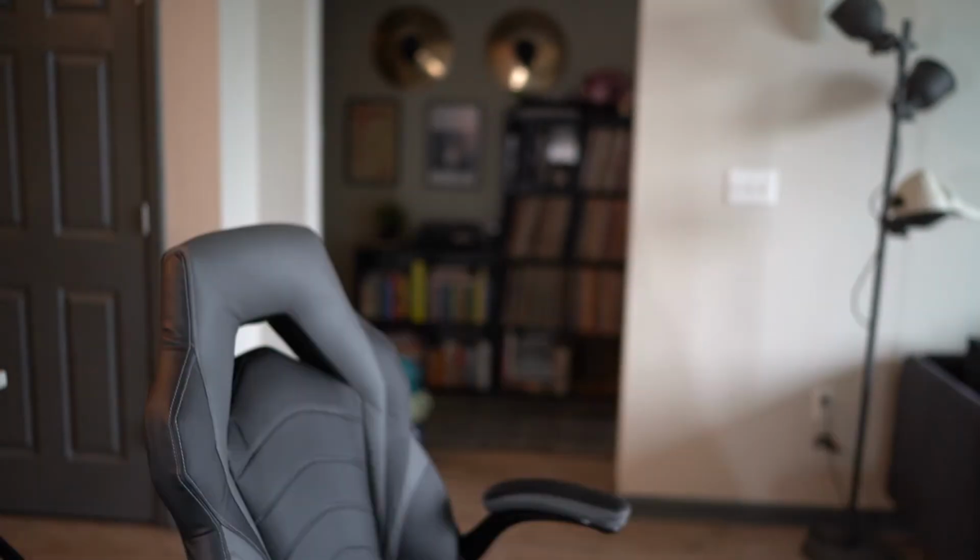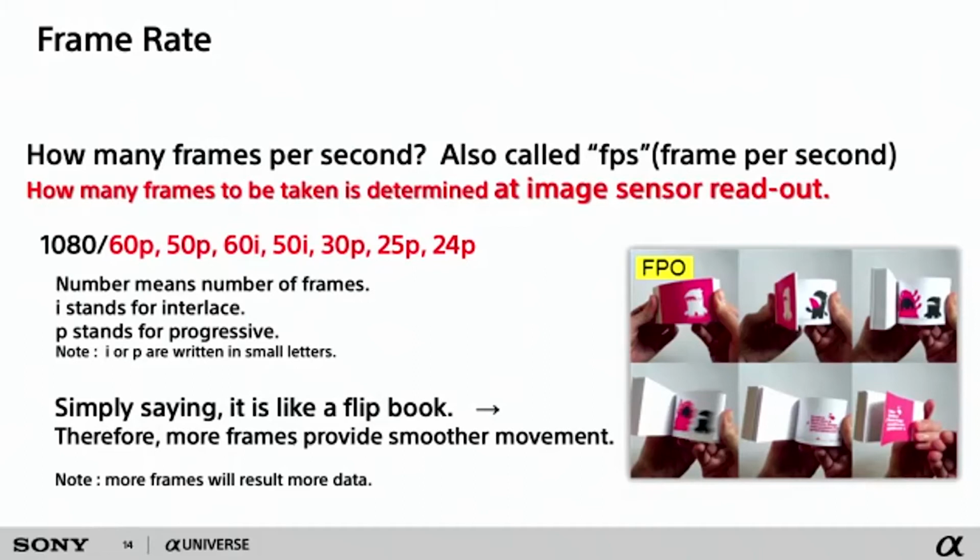So I'm just going to let it run, and we're going to tab back over to PowerPoint and talk about frame rates. When we talk about the I and the P, interlace versus progressive scanning, you just have a lot more information in progressive. It's a lot smoother. With interlace scanning, each frame is scanned as 2 fields.